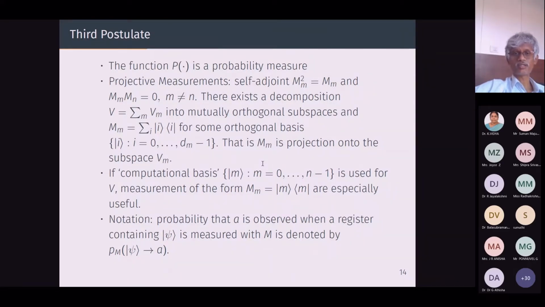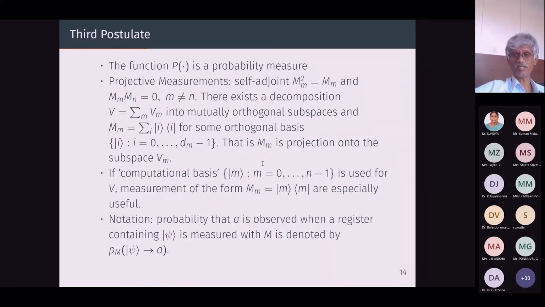So you can think of this set of measurements as giving a decomposition of the underlying vector space as a direct sum, summation over m of V_m, and you can think of these M_m's as projection onto the vector subspace V_m. Okay, so this is sufficient for us, and the third bullet is important.